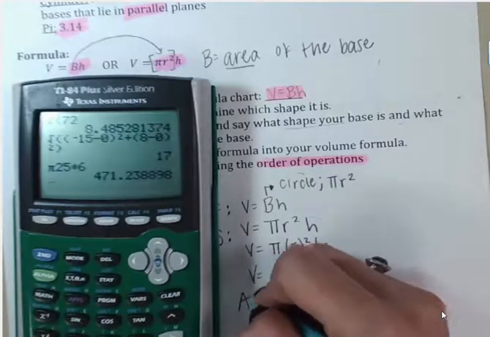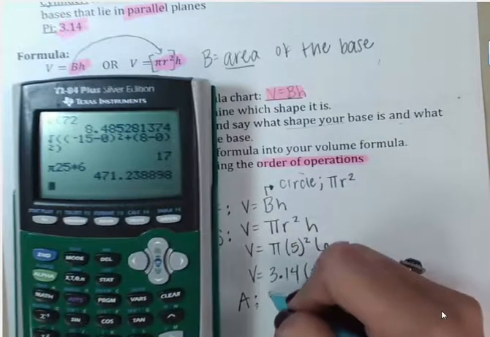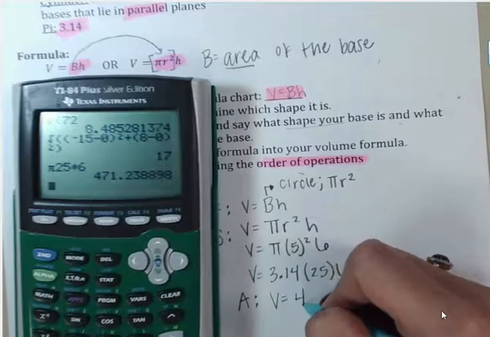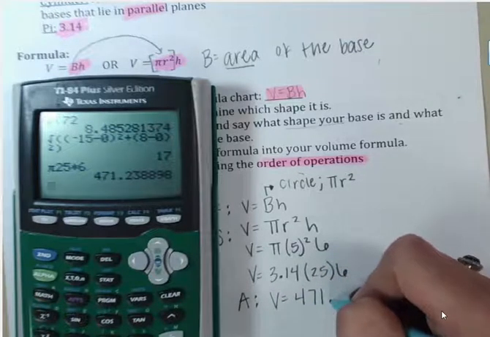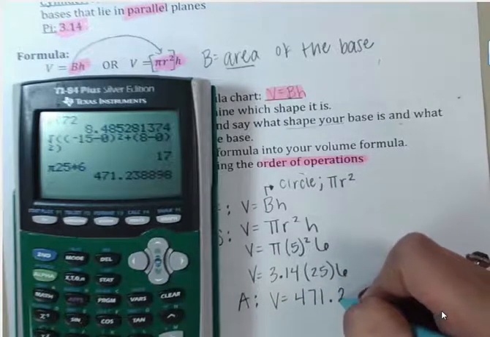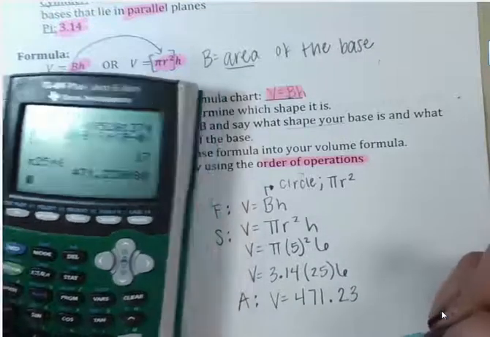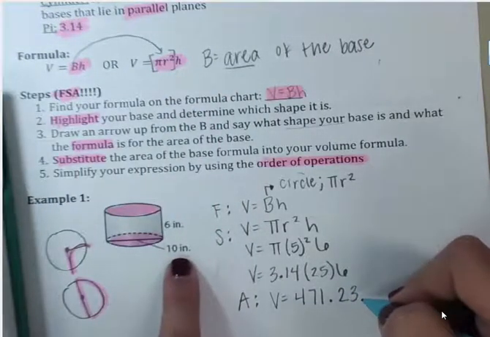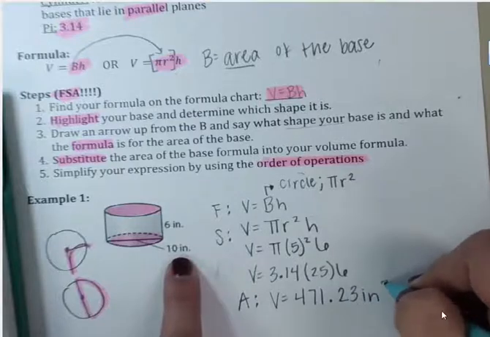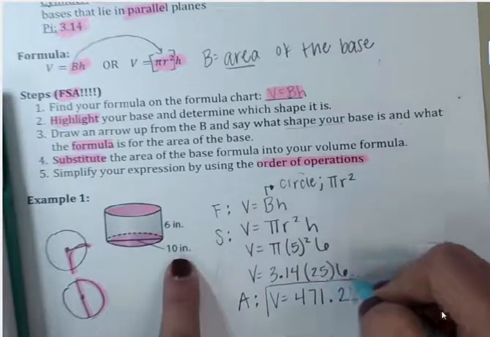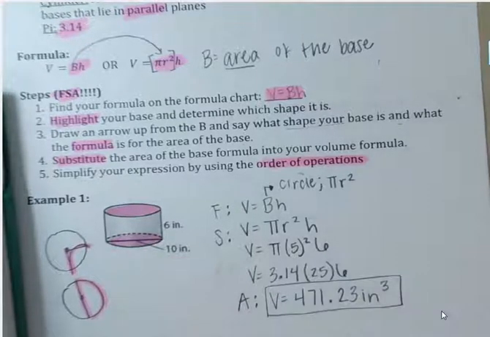Now I can write my A. The volume is equal to 471.23 inches cubed. Volume is always cubed. Do not forget to cube volume.